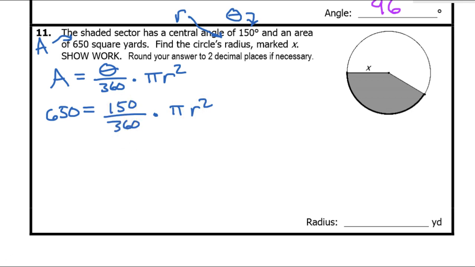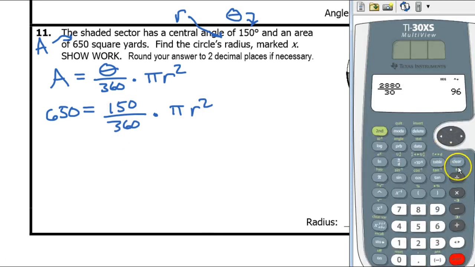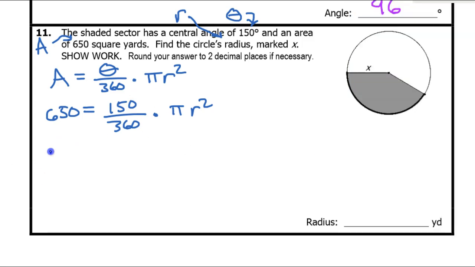Now, the following step is not mandatory, but I think it's a good idea to reduce this fraction, just to help keep the numbers smaller. So 150 over 360, that's 5/12. So that means I have 650 is equal to 5/12 times pi r squared.